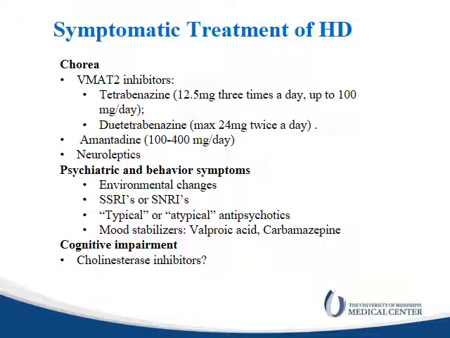Symptomatic treatment of HD includes treating the chorea by using a VMAT2 inhibitor. This includes tetrabenazine and deutetrabenazine. We're going to explain what a VMAT2 inhibitor is later on. Amantadine has been used. Remember we use amantadine for Parkinson's disease to treat dyskinesia. Here it can help the chorea to some degree as well.